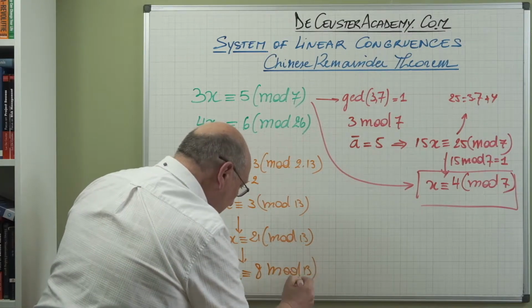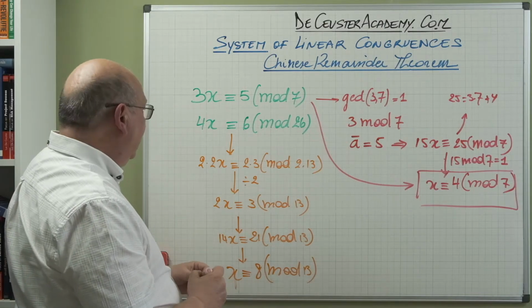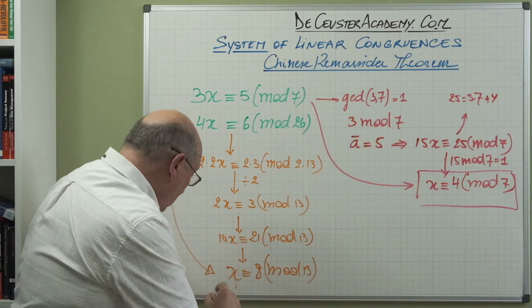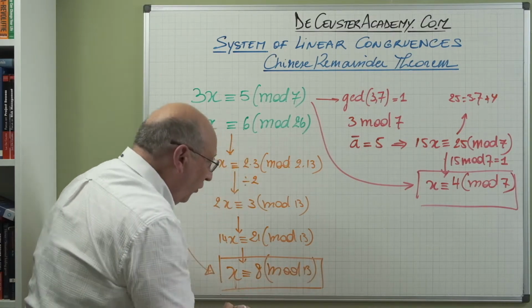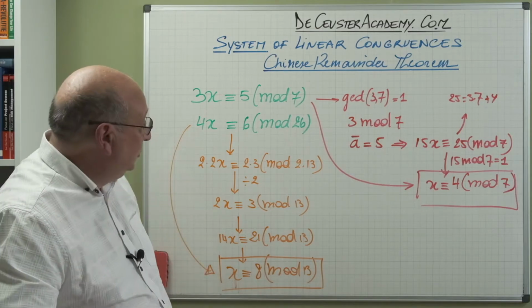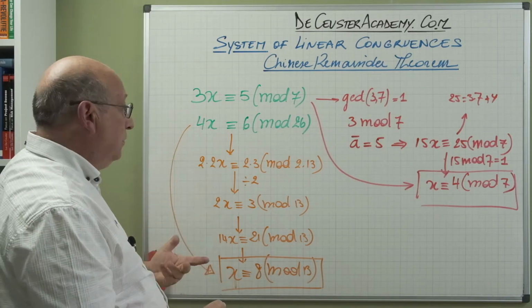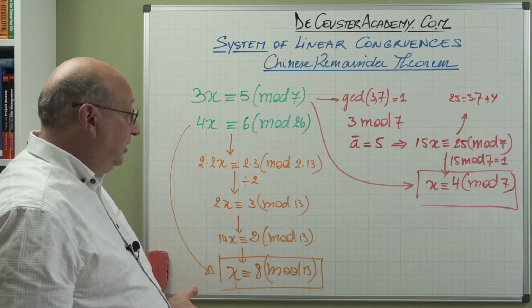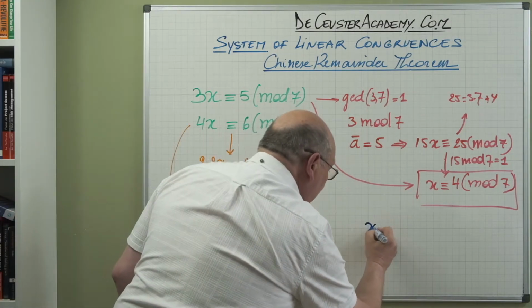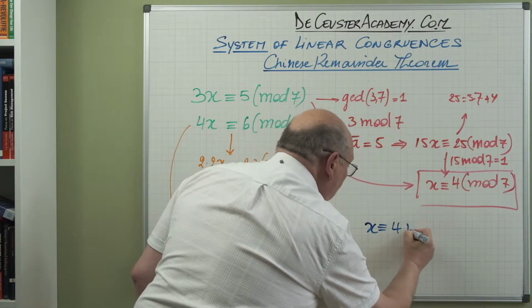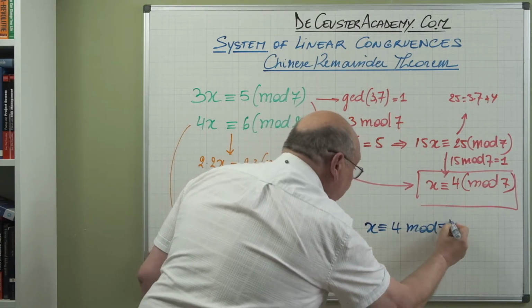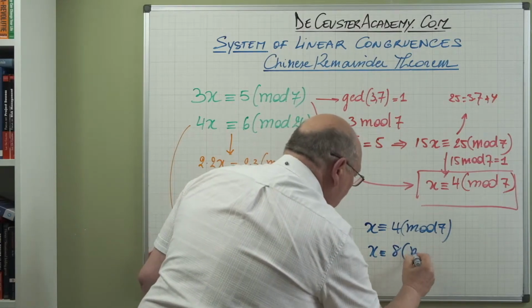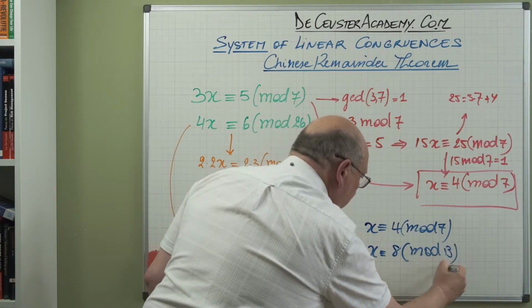modulus 13. So basically, this is the second expression, and we have in fact transformed those two equations into a new system of equations that we will resolve using the Chinese Remainder Theorem. The new system is x is congruent with 4 modulus 7 and x is congruent with 8 modulus 13.